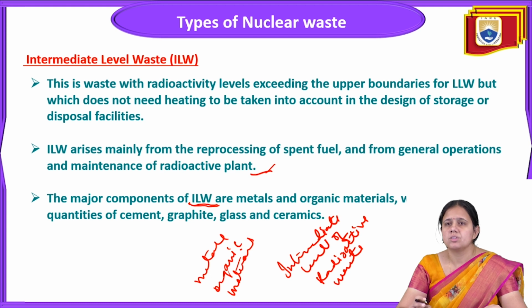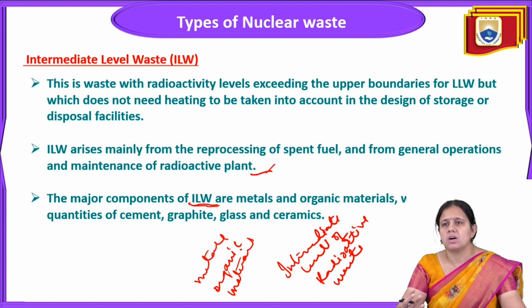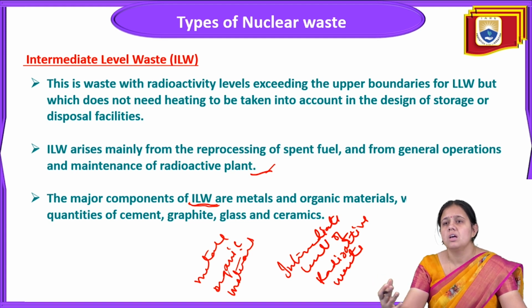This is waste with a radioactivity level exceeding the upper boundaries of low level waste, so the radioactivity is higher than low level waste, but it does not have heating that must be taken into account in the design of a storage or disposal facility.